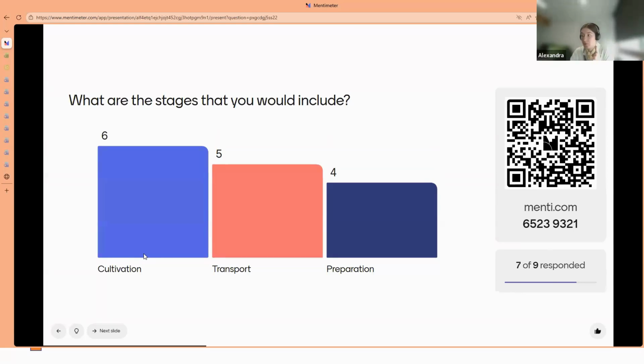Would you look at the transport between the farmers and the schools? There's no middleman in our case. And the preparation, what would we be looking at? Any other products that you might have used to prepare, oils, spices, the energy, if you're using gas, firewood, electricity, all of these things that you might consider.